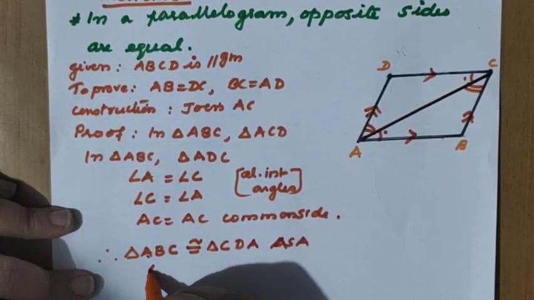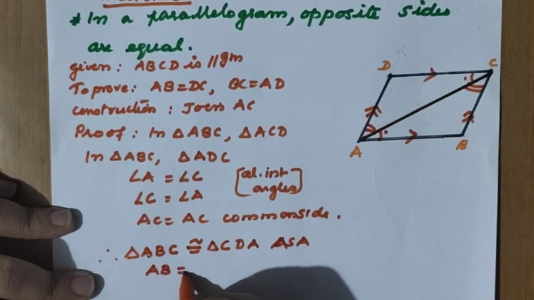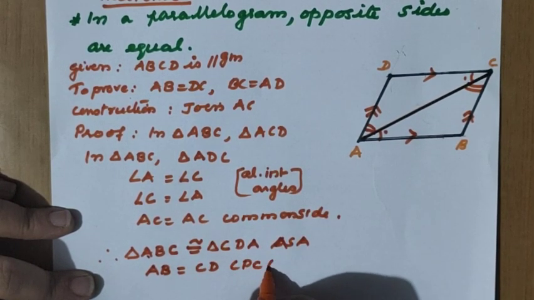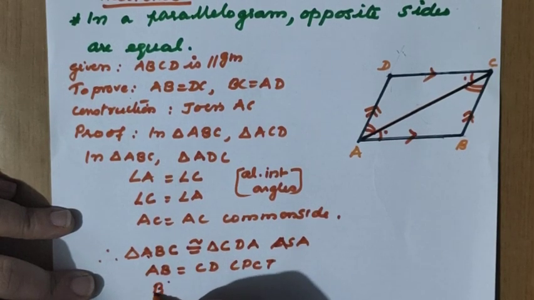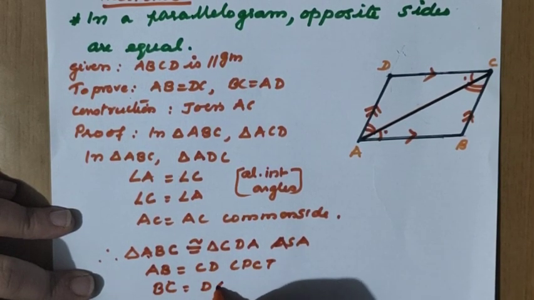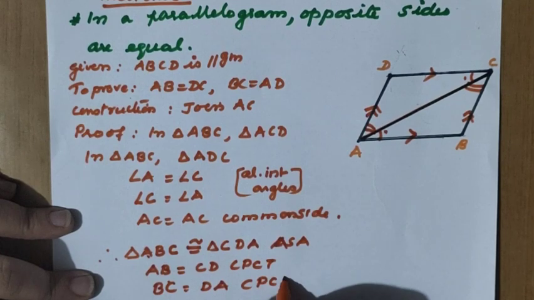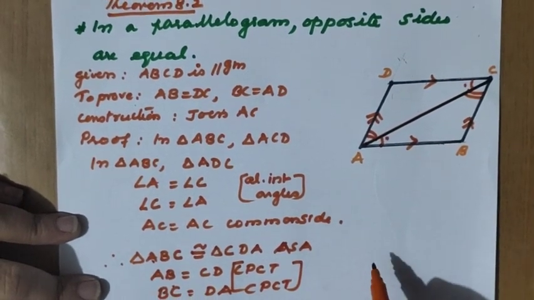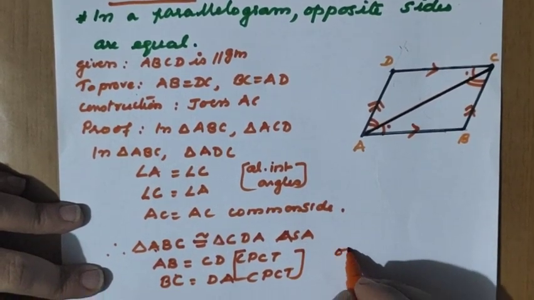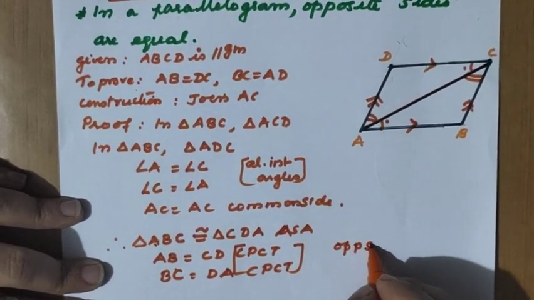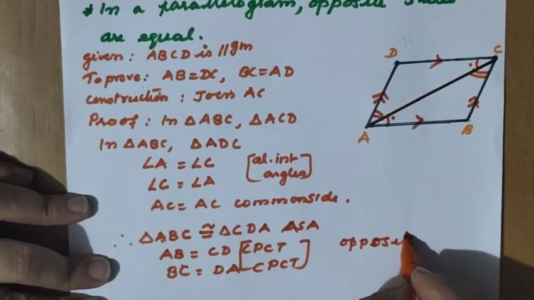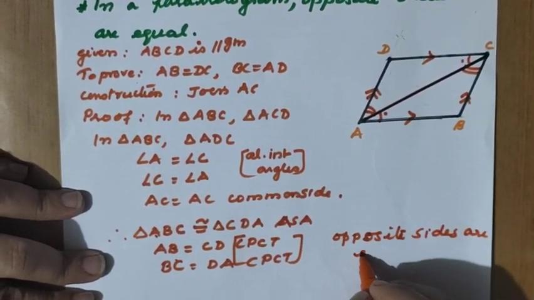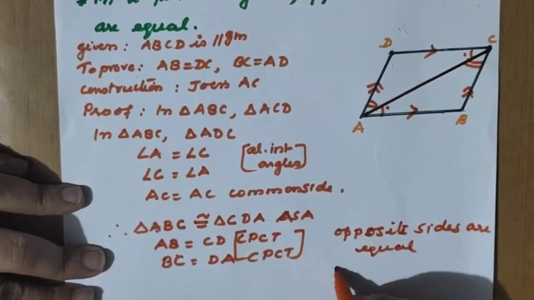If I am writing AB equal to CD, it is by CPCT. Similarly, BC equals DA by CPCT. AB and CD as well as BC and DA are opposite sides, so by this CPCT, opposite sides are equal. Hence, proved.